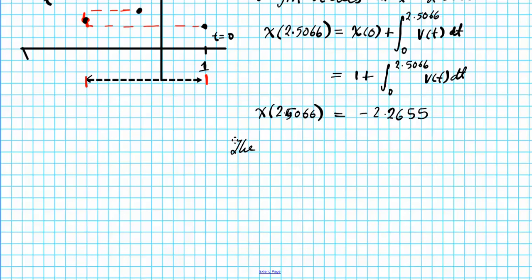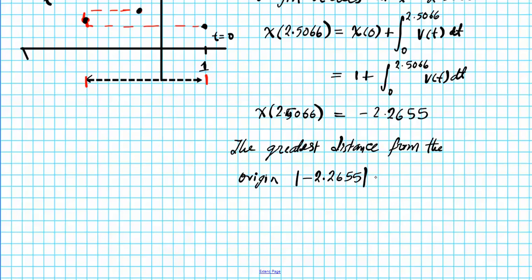So the greatest distance from the origin is basically the absolute value of this result we got here. Remember, this is the position or displacement. We're looking at distance, so you just take the absolute value of the displacement, which is 2.2655. So this is how far to the left the particle went. That was basically the farthest displacement from the origin given the time interval 0 to 3.